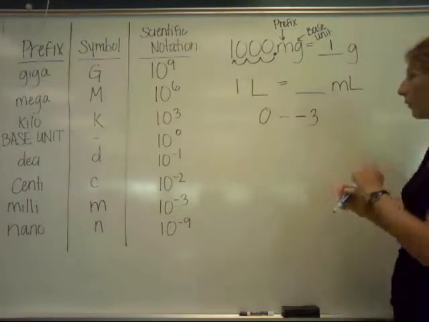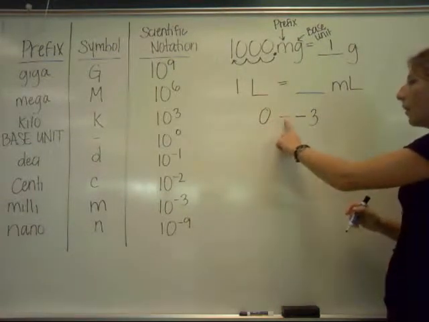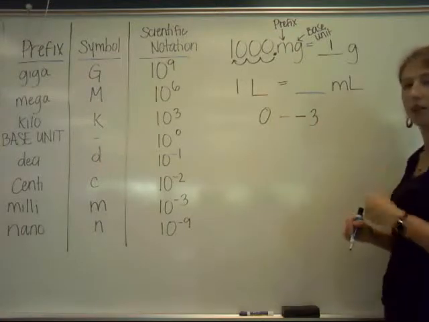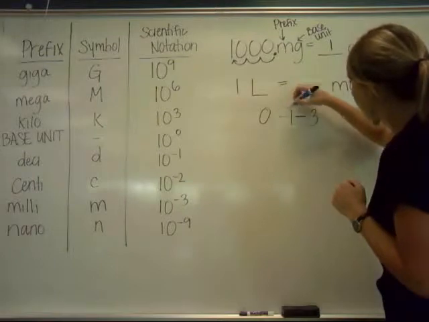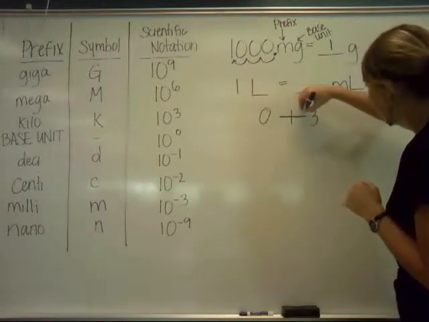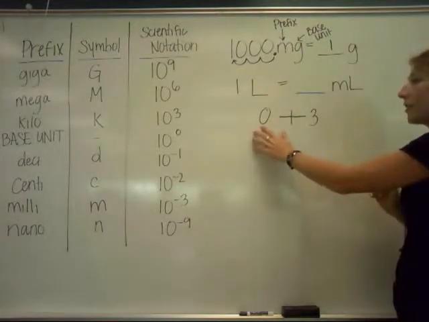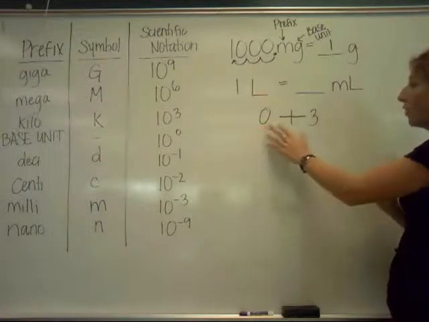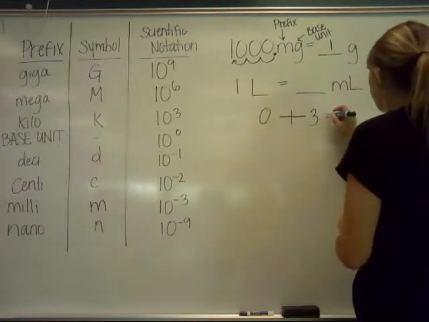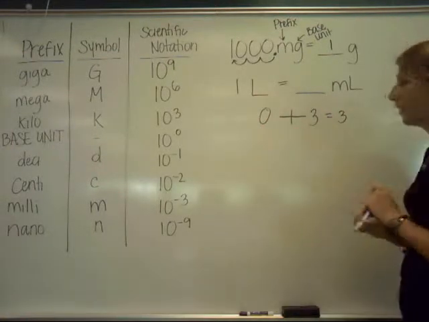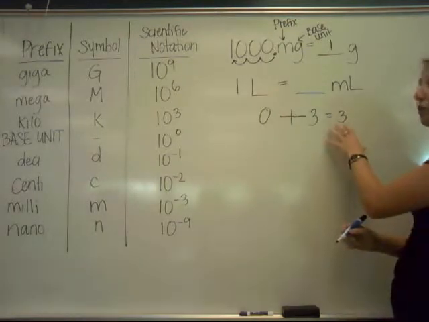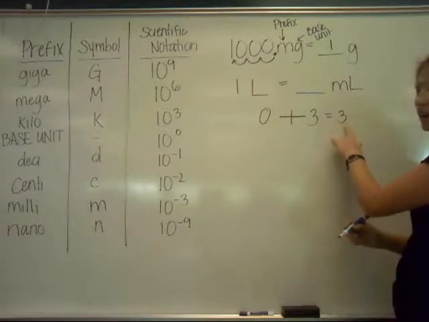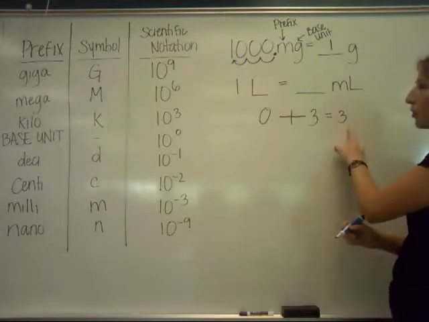Here's where you have to be careful. 0 minus a negative 3. When you have minus a negative, that negative becomes a positive. Okay? So instead of subtracting negative 3, you're really adding 3. That means your answer is 3. That means I'm going to move 3 spaces to the right. When your number is positive, you move to the right.